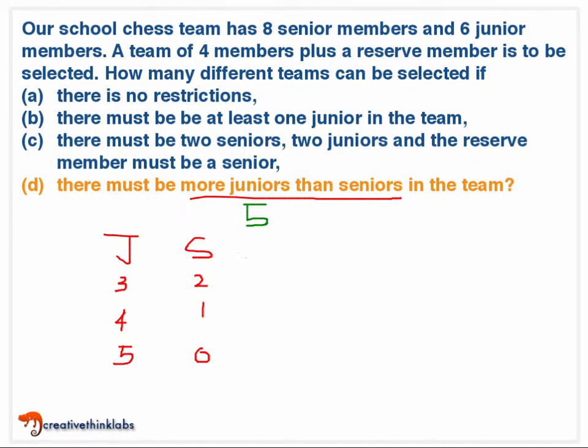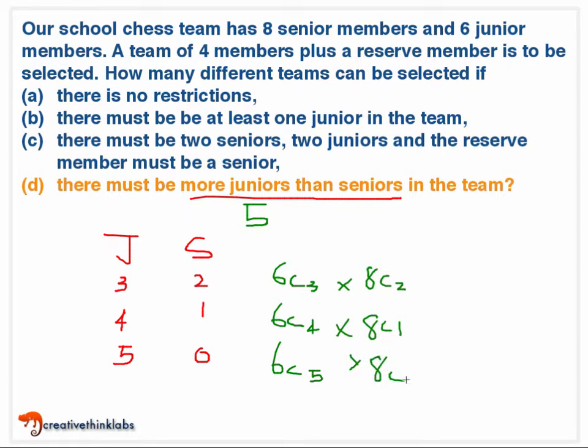Now I can tabulate each one of them. This is 6C3 times 8C2, then 6C4 times 8C1, and then the last one will be 6C5 times 8C0.